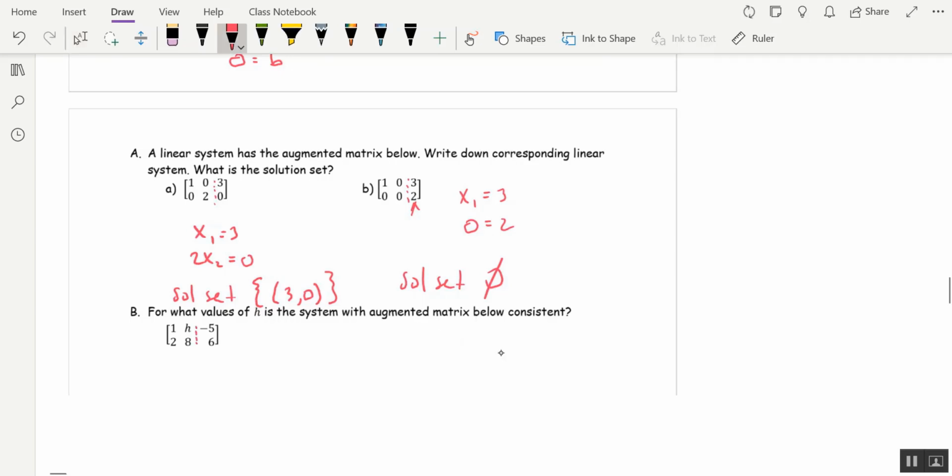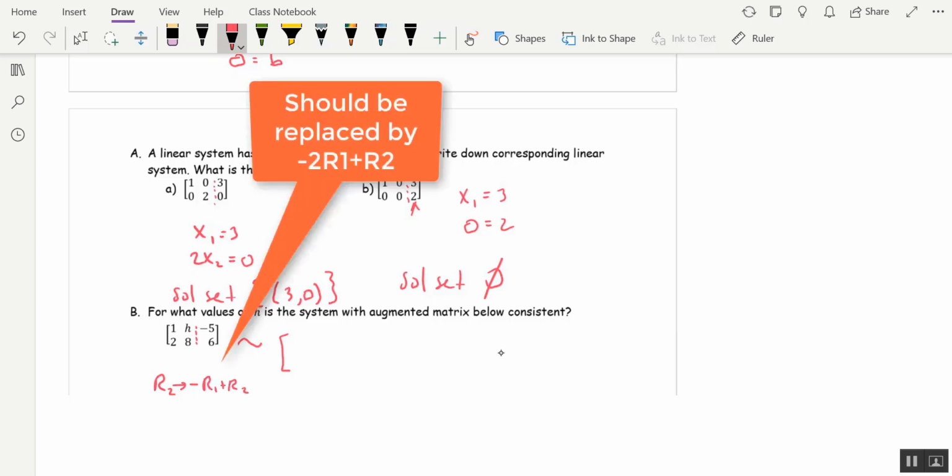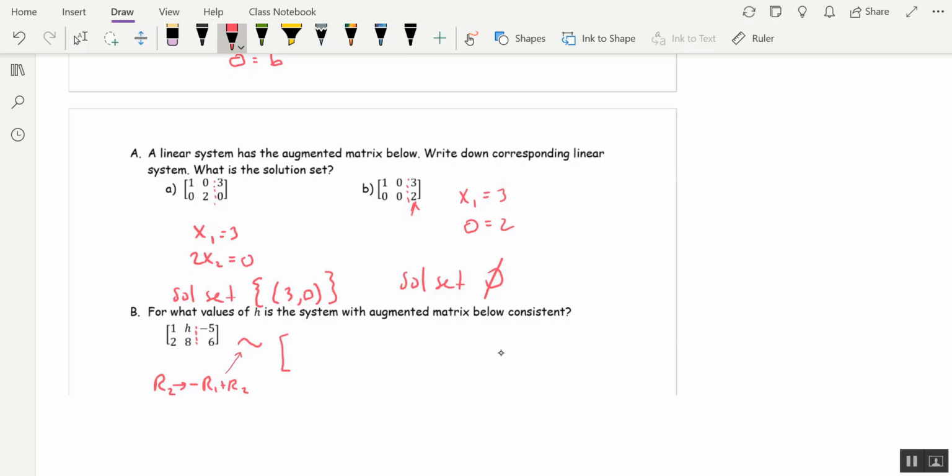So this is my augmented column on the right. I'm going to do one row operation. I'm going to replace row 2 with negative twice row 1 plus row 2. The notation is replace row 2 with negative 2 row 1 plus row 2. And as we go through the course, when you do your row reductions, I'll leave it up to you whether or not you want to write down what you're doing over each squiggly line.